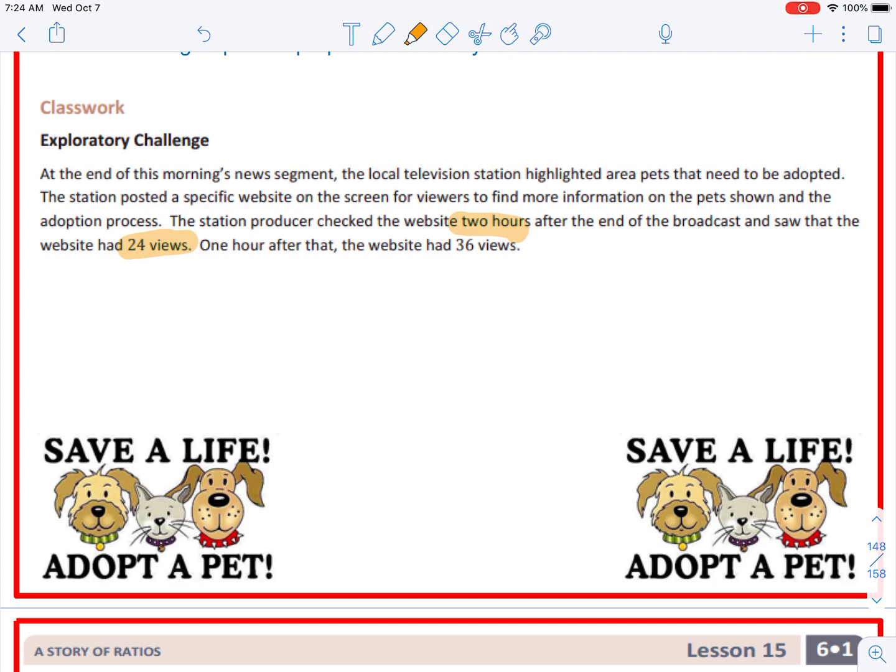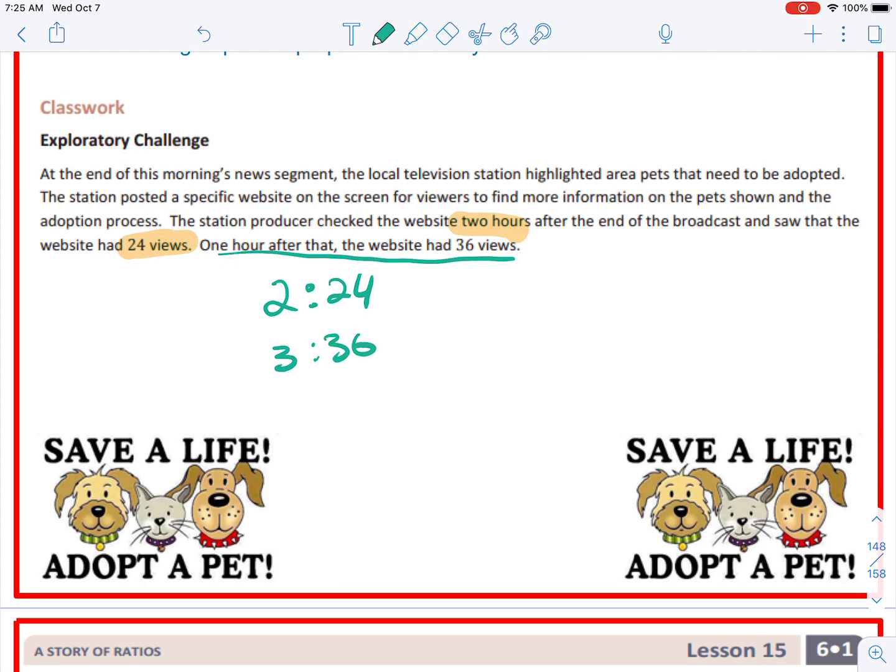Okay, so from this passage, what ratio can we come up with? Okay, well, I highlighted 2 hours and 24 views. So my ratio would be 2 to 24. They also said 1 hour after that, the website had 36 views, so that would be 3 to 36.